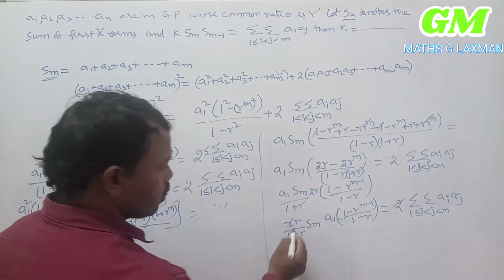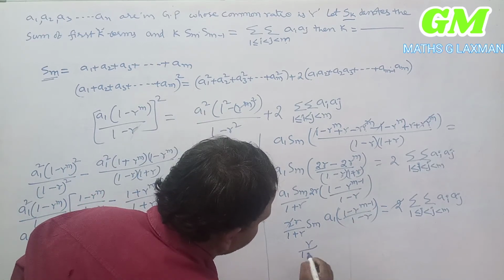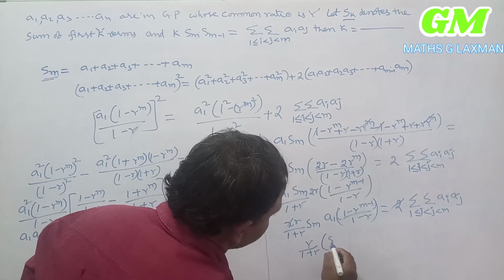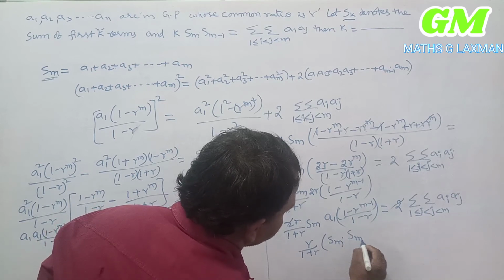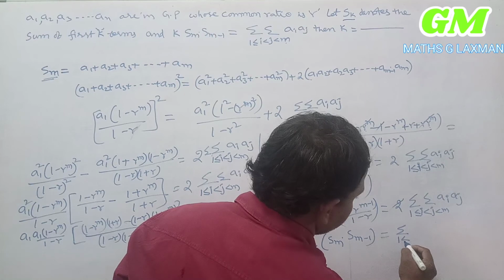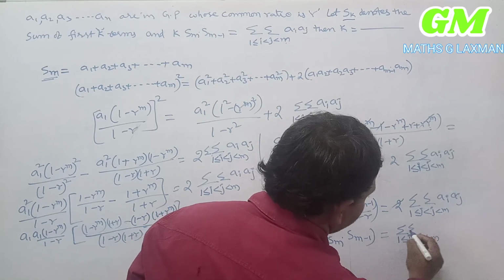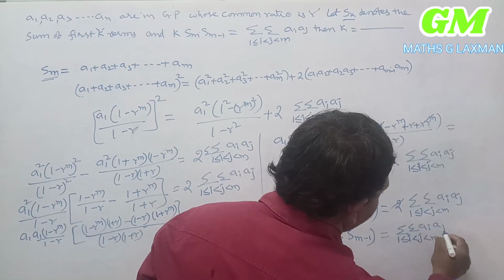So what is left over? R. This will become r by (1 plus r) into S_m. This is S_m minus 1, which is equal to the summation of 1 ≤ i < j < m, a_i a_j.